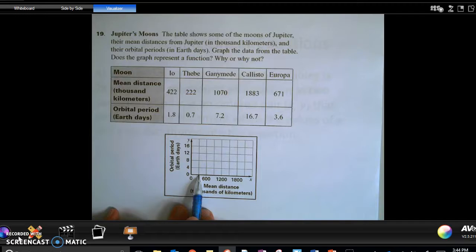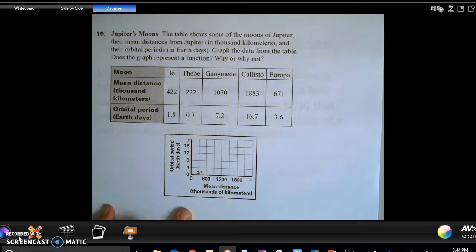So I'm going to have to estimate in between 300 and 600 about where 422 would be. So if this is 300, then I'm going to go about a third of the way over. And now I need to go up 1.8. On my y-axis, I am counting by 4s. So 1.8 is a little less than 2.